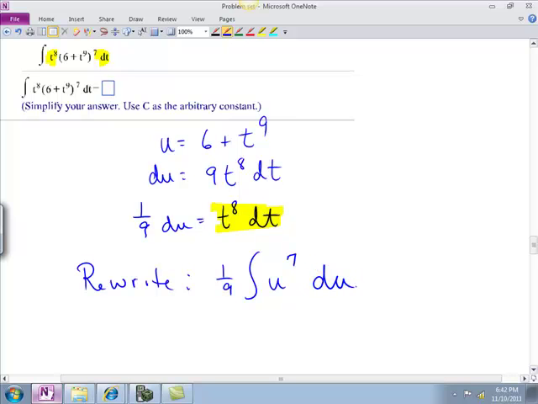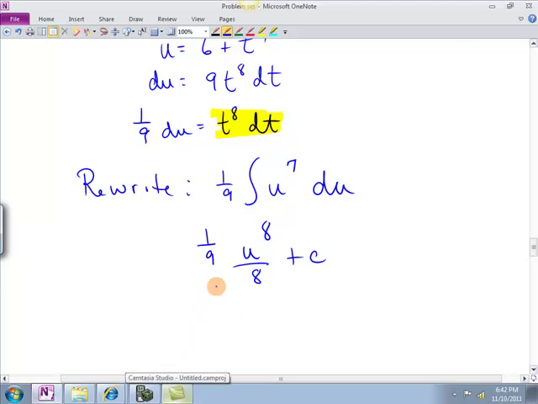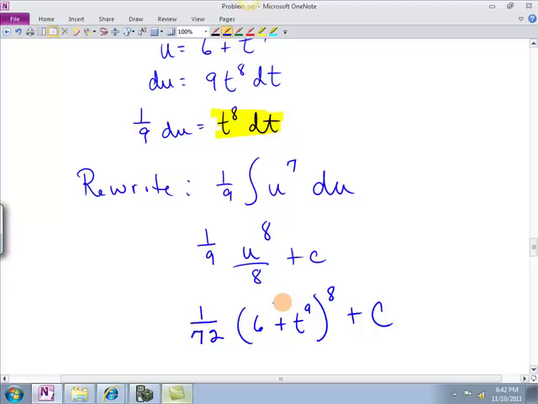Yeah, so then we have 1/9 u to the 8th over 8 plus c. So 1 over 72 times, and I'll substitute back in, (6 plus t to the 9th) to the 8th plus c.